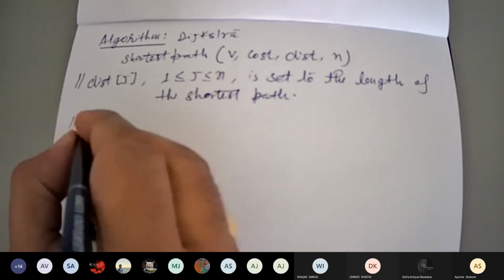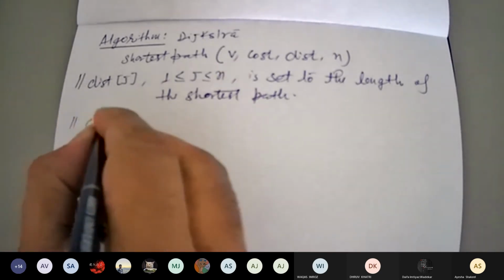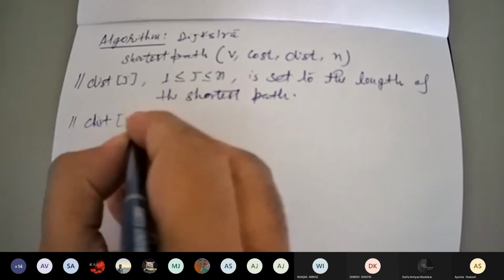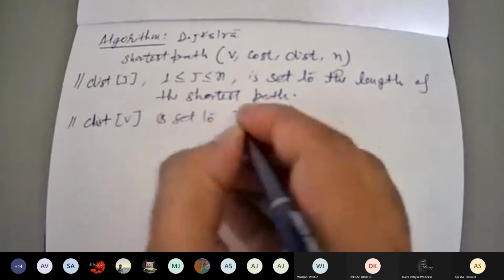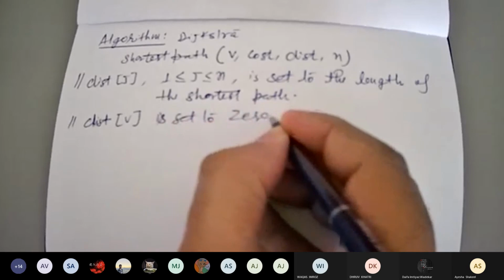Next, we will set distance V to 0 initially. Okay.